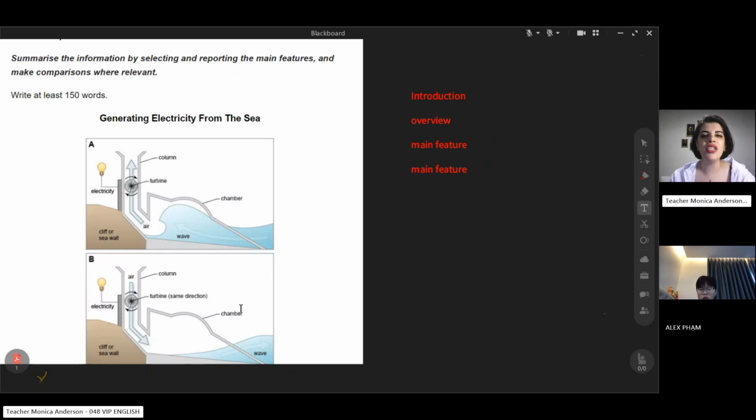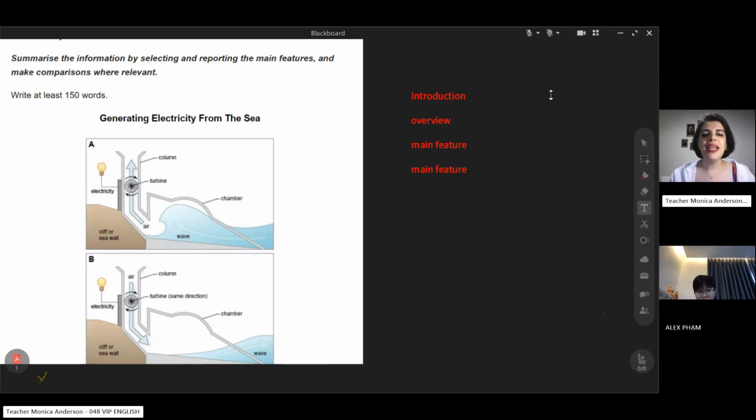Then, of course, we write an introduction, then write an overview, write the details, and that's it. So 5 stages. We need to work through the 5 stages step by step, and we answer the question. We have the sample here, so we're going to answer this question.